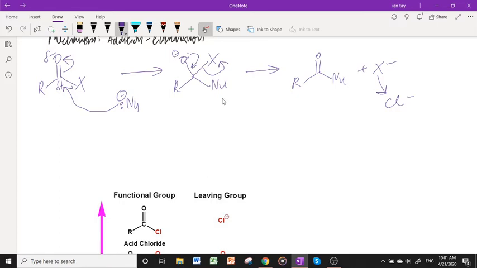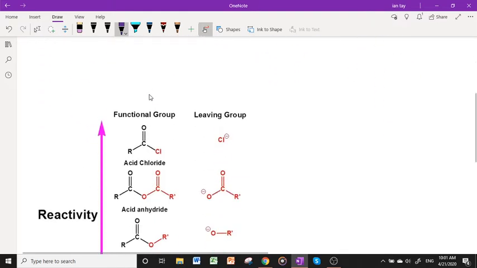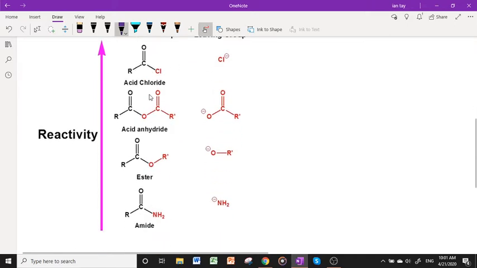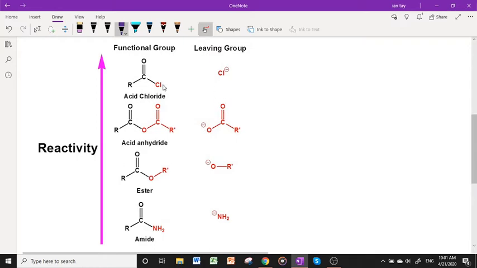So let us take a look at how understanding this mechanism helps us to understand the reactivity of certain carboxylic acid derivatives. So this is the general scheme of reactivity for carboxylic acid derivatives. So the most reactive is the acid chloride. As we have learned, the acyl chloride is very reactive, especially to reactions like hydrolysis and ester formation.